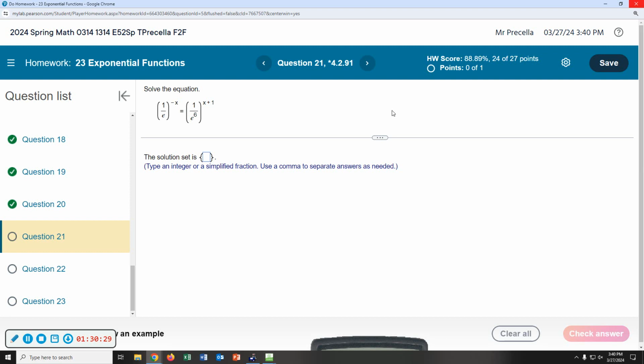Now, if this thing comes out being 1/2, I'm going to call shenanigans. If this answer is 1/2 also, I think something's fishy then. 1 over e to the negative x is equal to 1 over e to the 6th, all raised to the x plus 1.